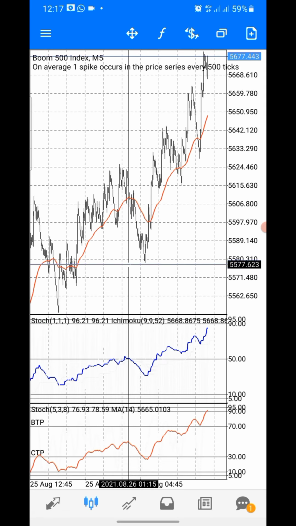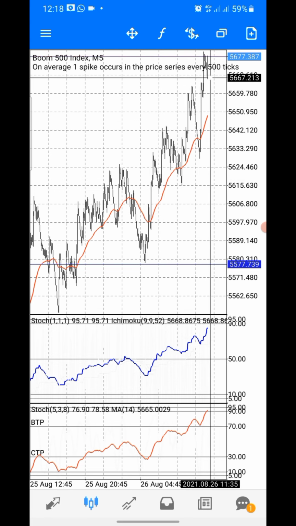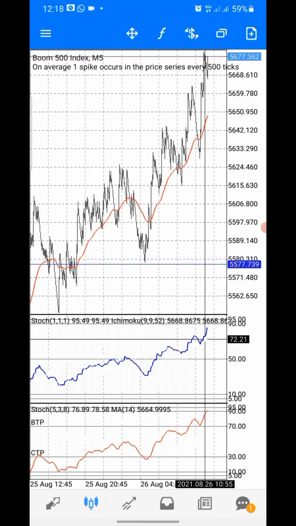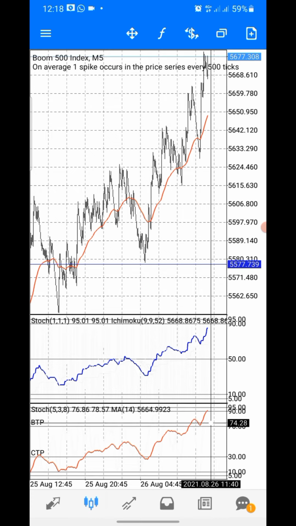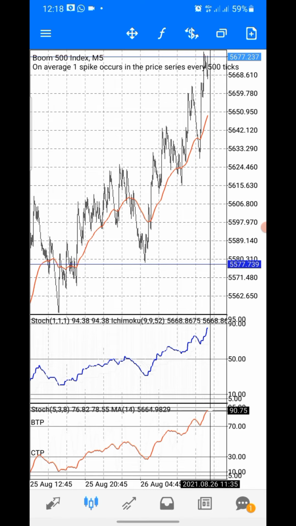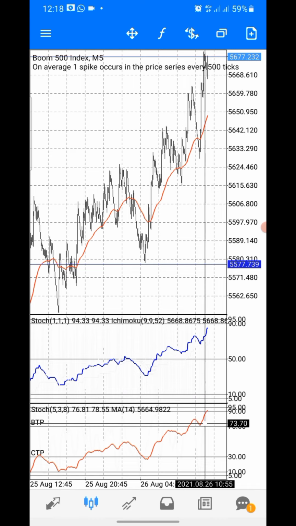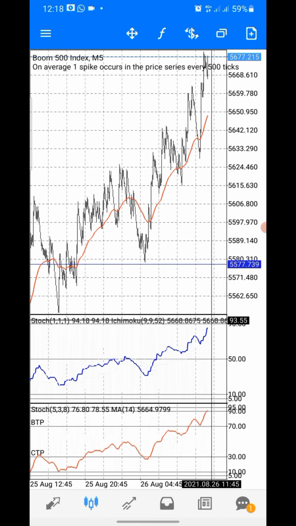If you want to sell Boom 500 now, what we have to do is to wait for this Ichimoku to be within the 90 and 95 stochastic line, and the moving average to also be within the 90 and 95 stochastic line. But as you can see here, the moving average is already within this zone, but the Ichimoku is not at our zone.